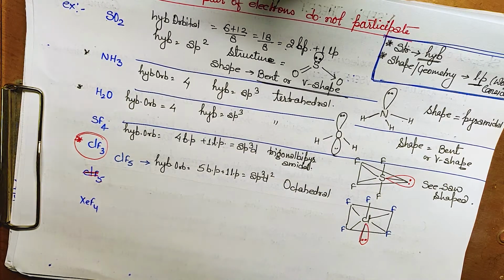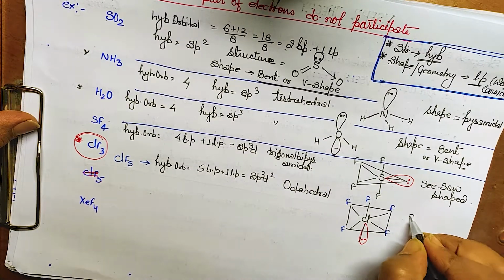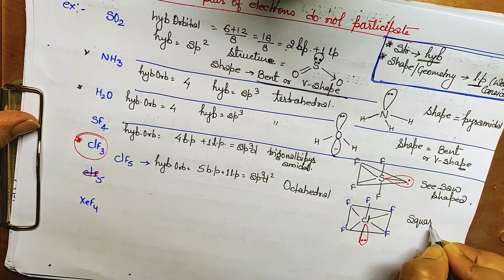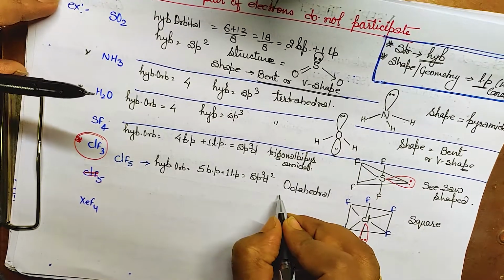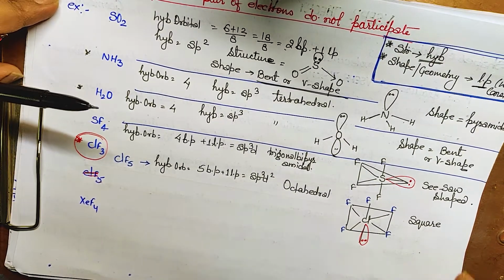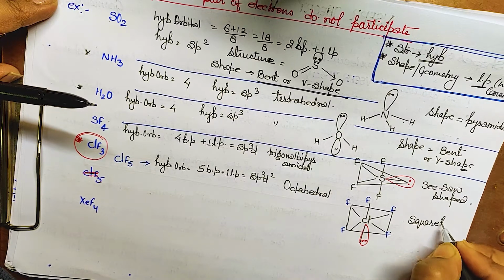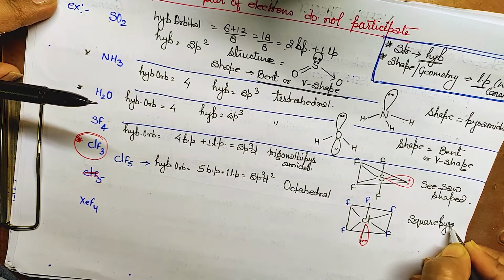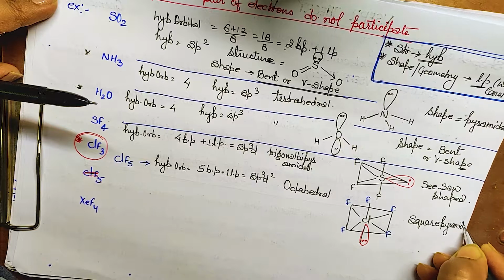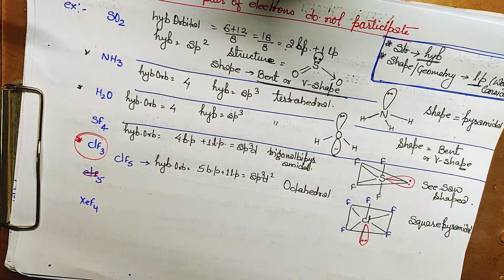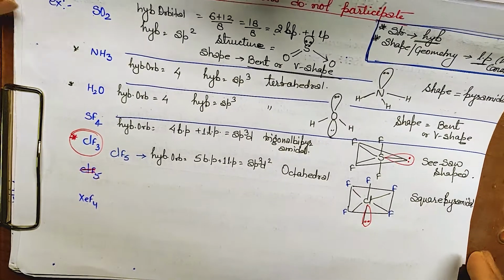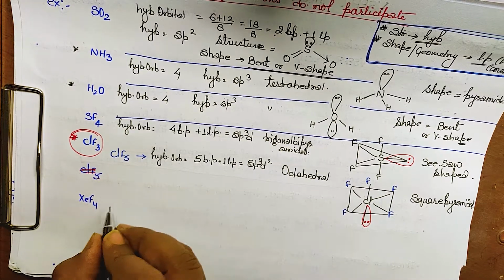So then what will be the shape? It will be square pyramidal, not bipyramidal. Octahedral is also called square bipyramidal, but the shape will be only square pyramidal. Why? Because lone pair doesn't participate in the actual shape. Got it, children? Okay.